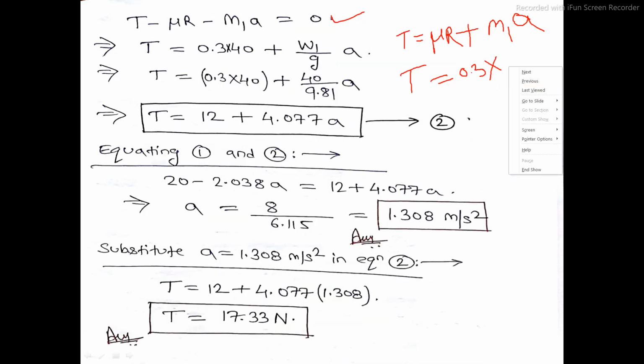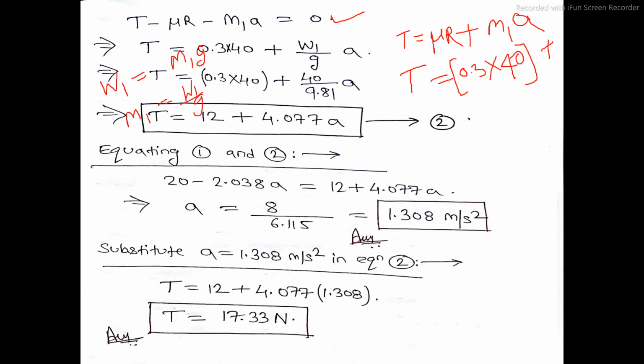Substitute that, plus m1. How can I replace m1? I know that the weight of the first block is W1, and this W1 is nothing but m1 g. So m1 will be W1 by g. So plus m1 is W1 by g into A.